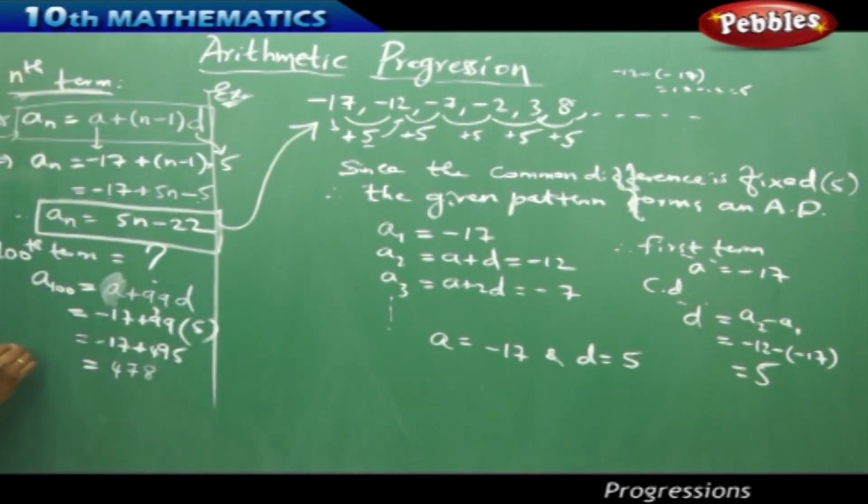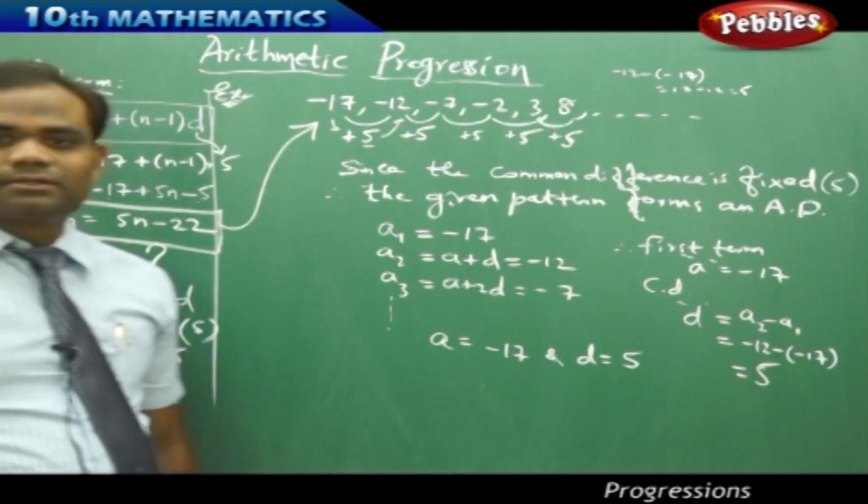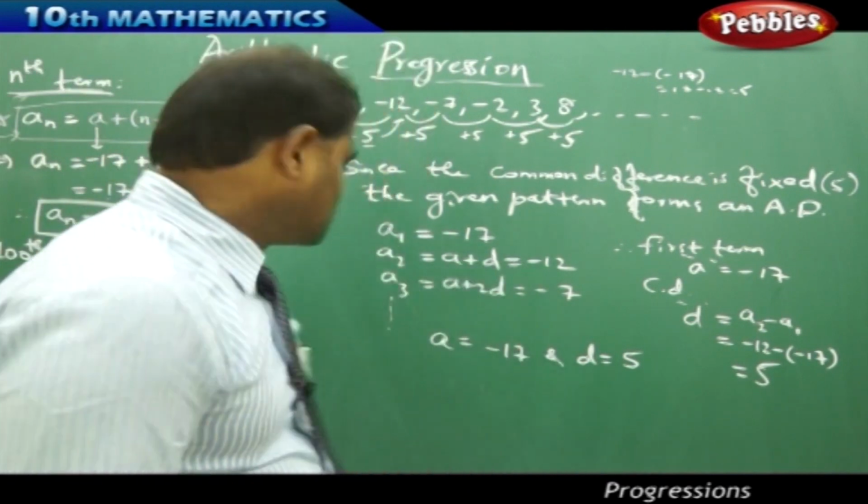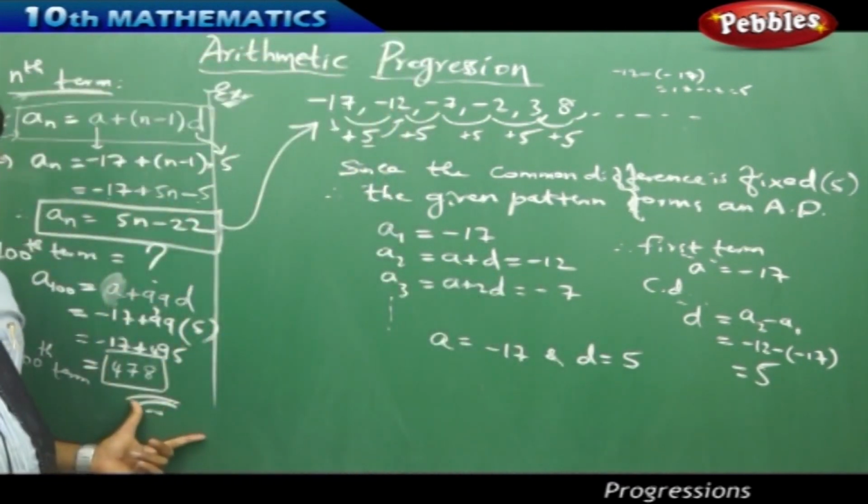Therefore, the 100th term of the sequence is 478, is what I got by just solving it in a two-step process.